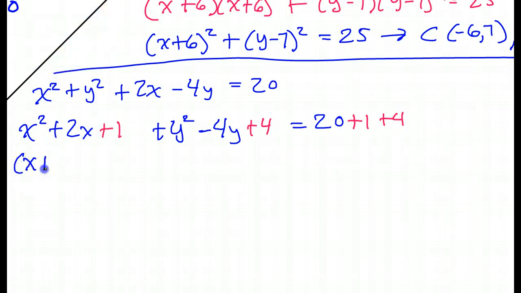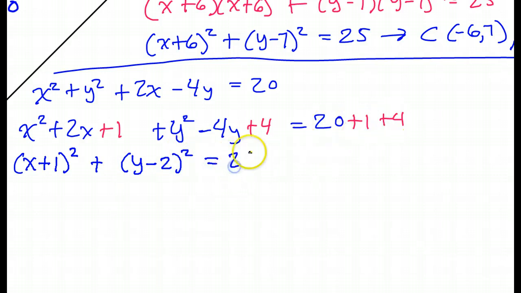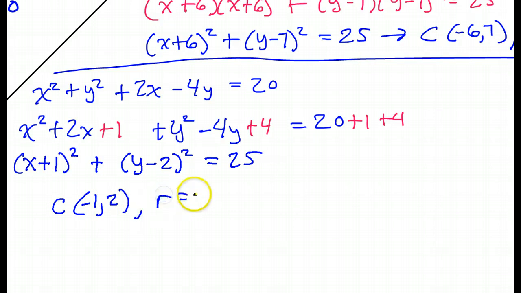So that's going to give me x plus 1 squared. And this is going to give me y minus 2 squared. Alright, and this is 25. Alright, which means we have a center of negative 1 comma 2 and a radius of 5.